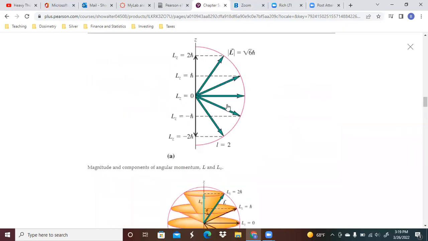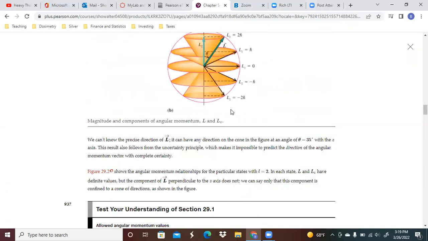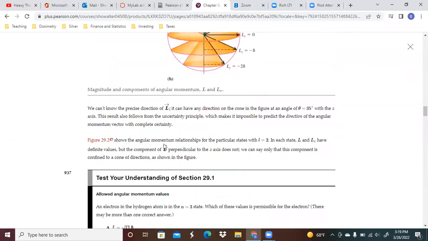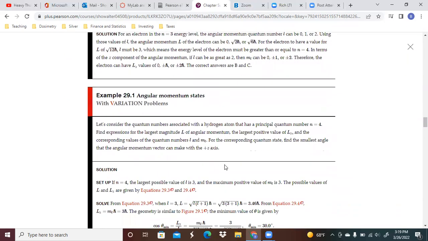So figure 29.2 shows the angular momentum relationships for the particular states with L equal to 2. In each state, these have definite values, but the component of L perpendicular to the z-axis does not. We can only say that this component is confined to a cone of directions. In other words, we can't pin it down any further than that.